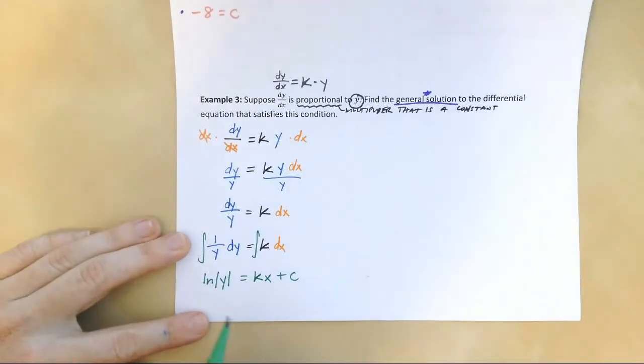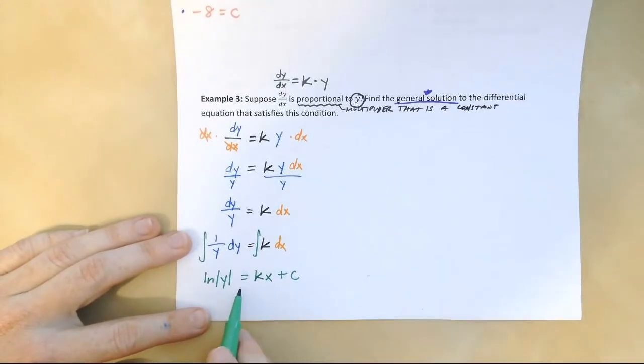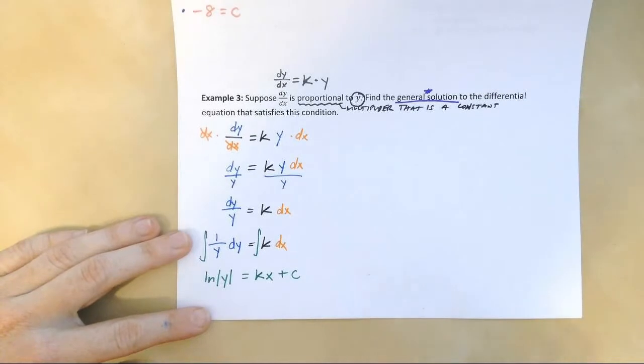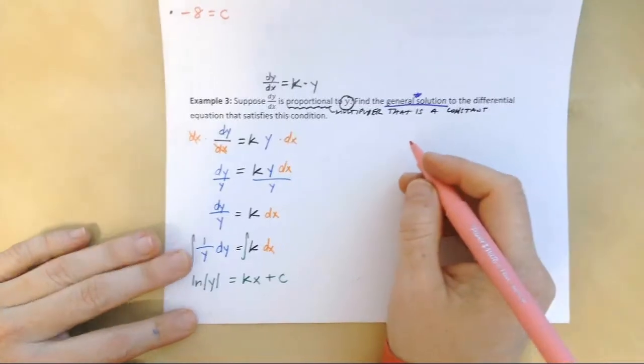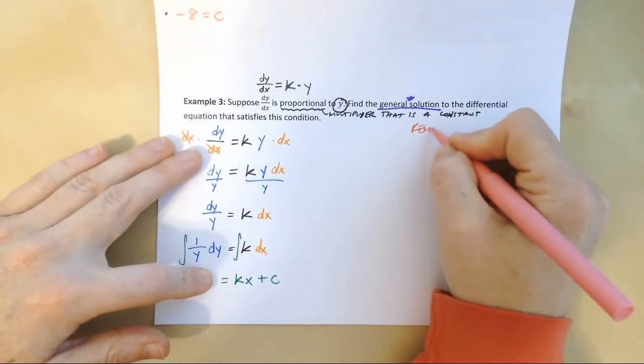Alright, cool. We have done the first few steps. Our next step is to isolate y. Before we can isolate y for this problem, we need to remember how you get something that's inside the natural log out of the natural log. So I'm going to write a little natural log reminder over here.